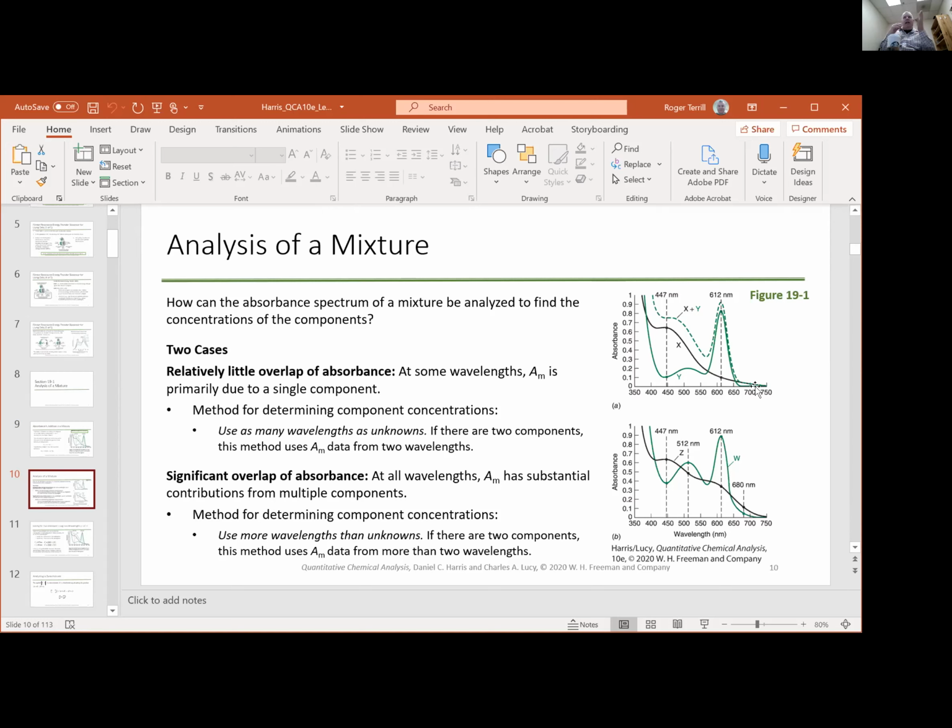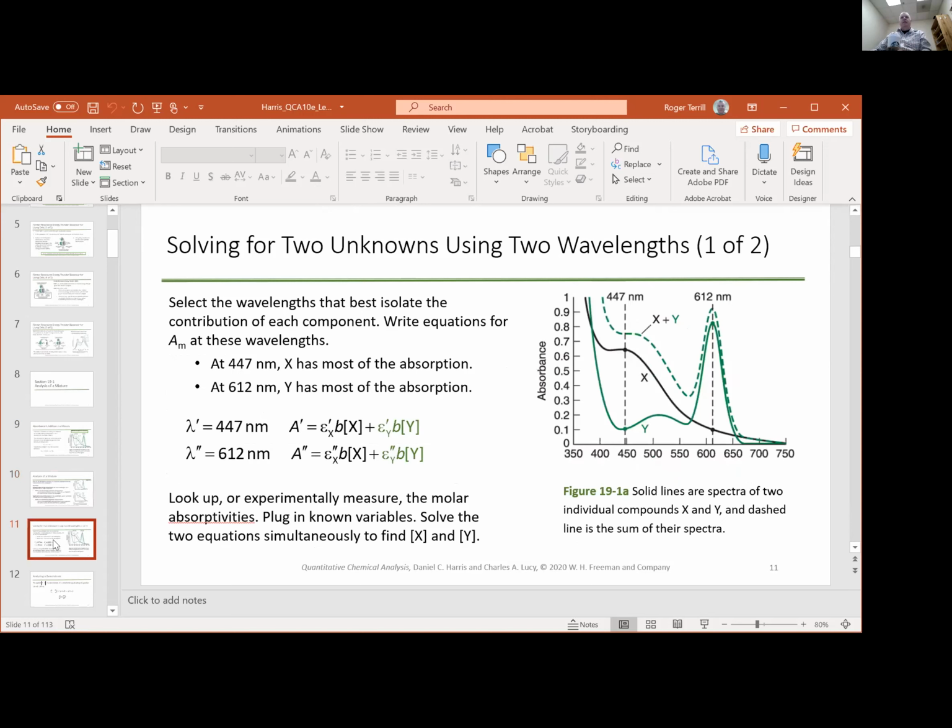Because you have A at lambda 1 and A at lambda 2. Let's get the equations for that. If you just choose two wavelengths here, 447 and 612.